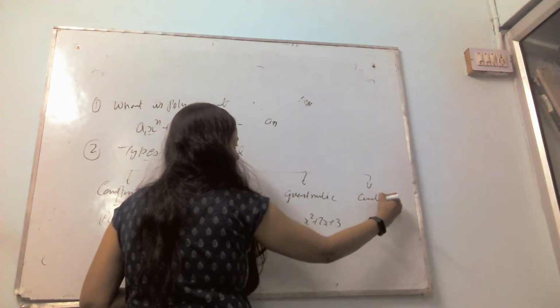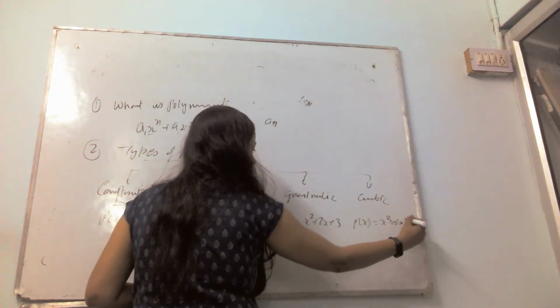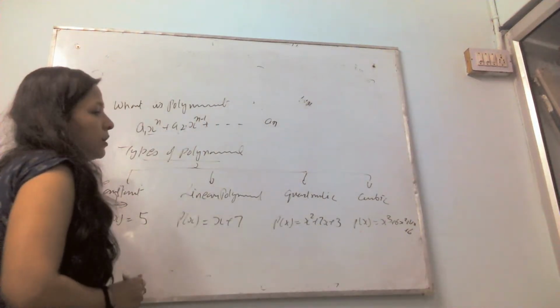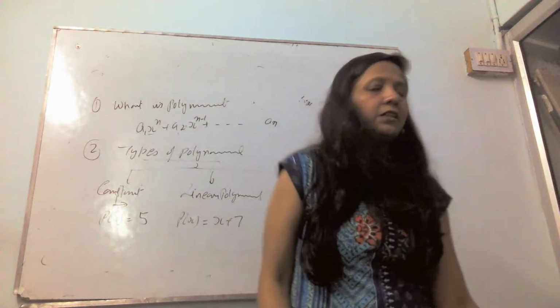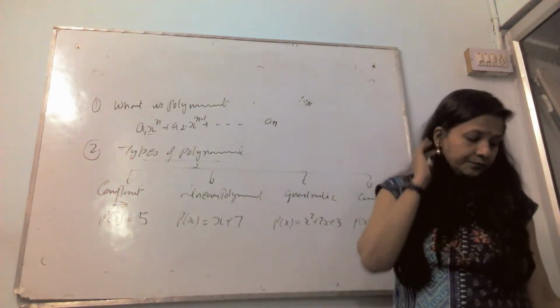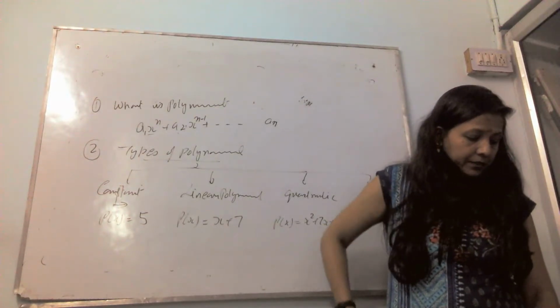Cubic polynomial, maximum power 3. This is called types of polynomials. Now we understand what is a polynomial and the types of polynomial. I will send you the worksheet for the same.